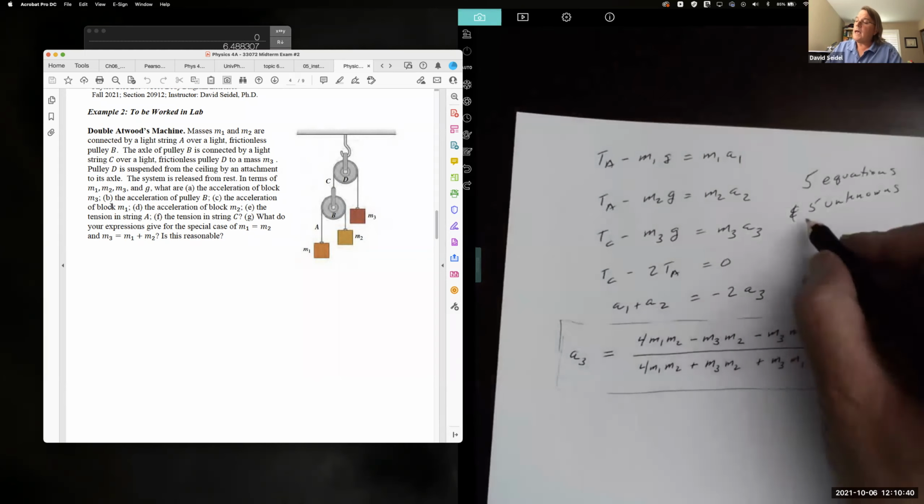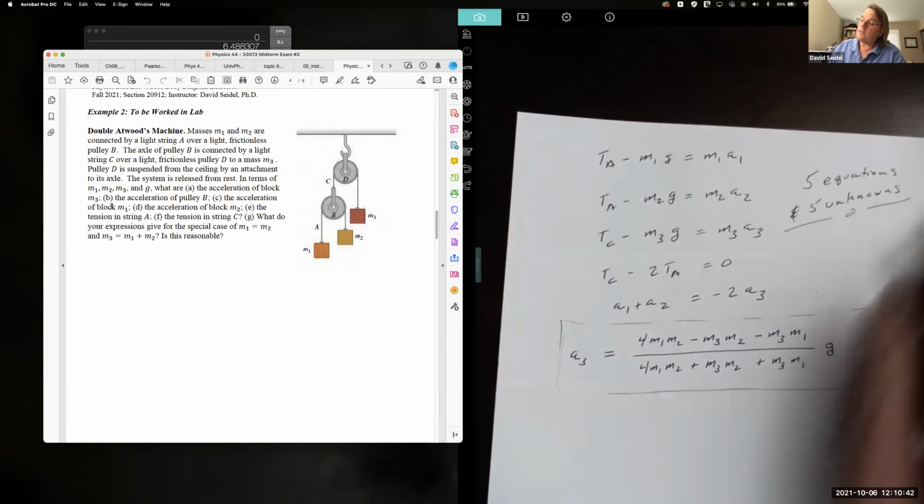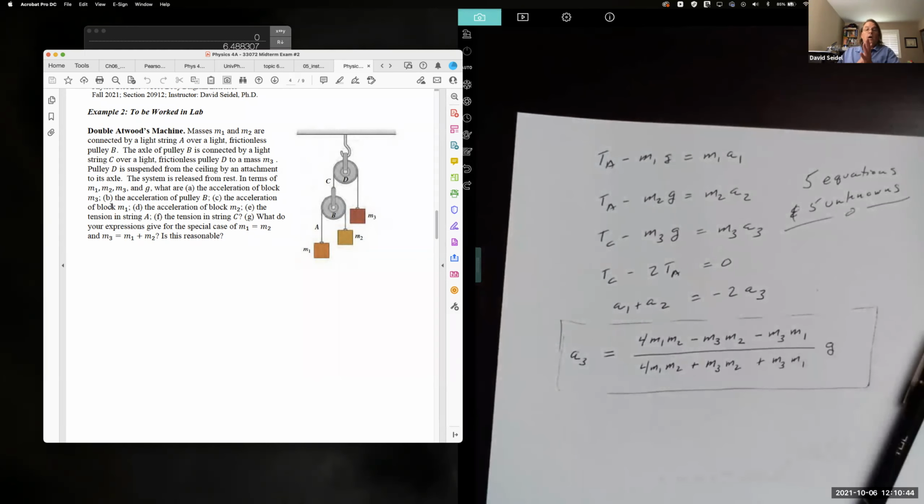I'll be honest, had I worked out the problem and had enough time to modify the assignment beforehand, I would have asked you to make sure to identify the relationships between the motion of the objects, such as their accelerations are equal but opposite in sign, or things like that, and make sure that you had as many independent equations as you had unknowns.